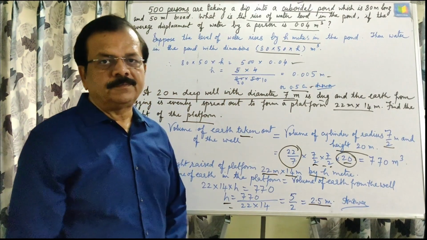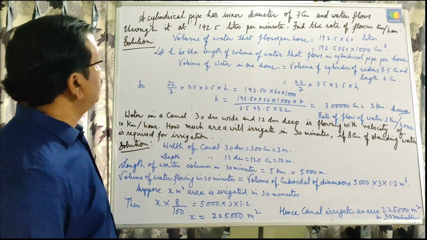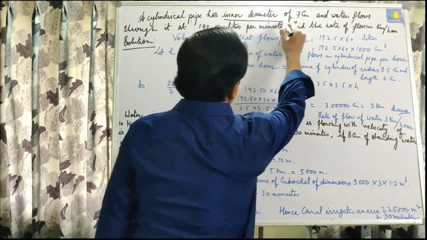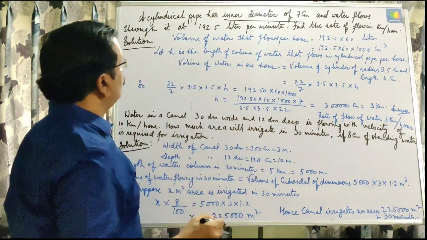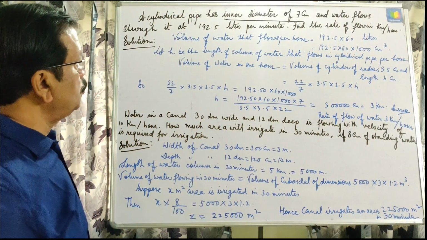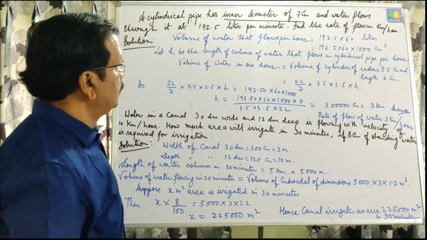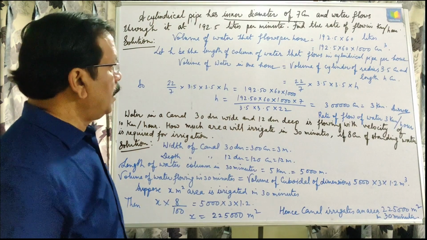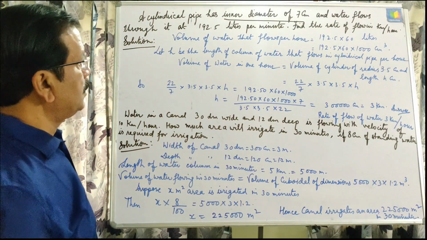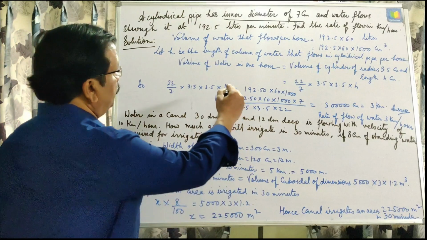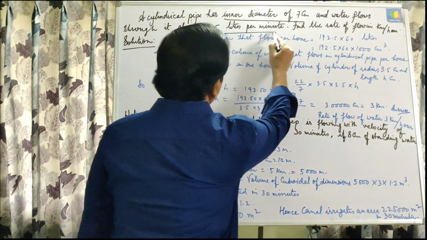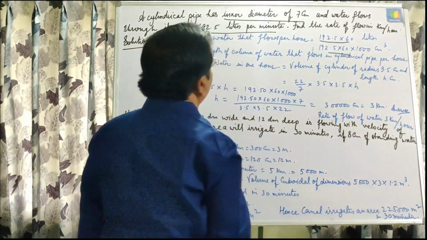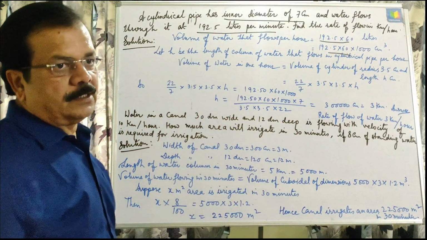Now next question. A cylindrical pipe has inner diameter of 7 centimeter and water flows through it at 192.5 liters per minute. Find the rate of flow in kilometer per hour. First of all, we change this liters per minute into centimeter cube per hour.